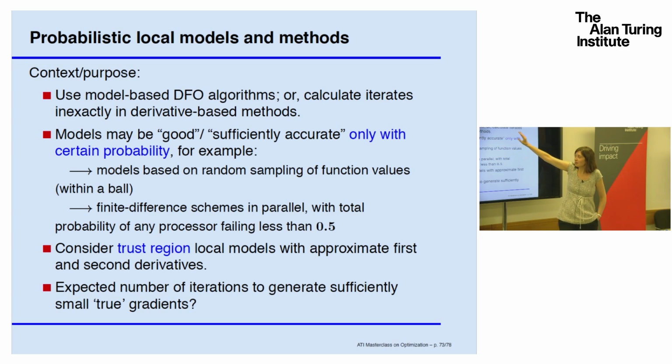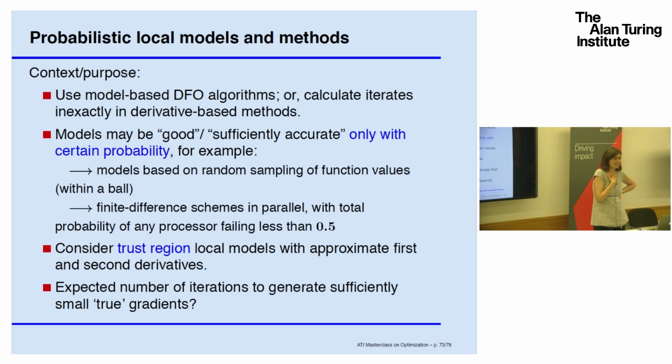What we assume here is that these local models of my function are sufficiently accurate only with a certain probability. Random sampling of function values in a ball of delta k would fit this kind of model, accurate with a certain probability.